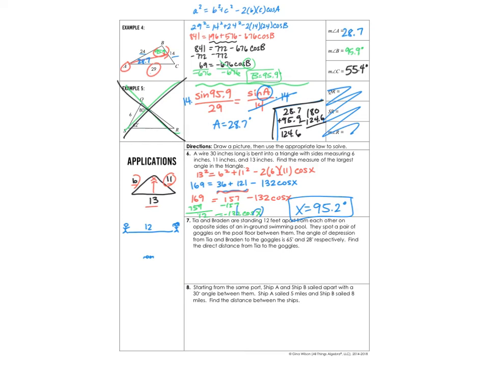Okay, angle of depression from Tia and Braden to the goggles is 65 and 28. So see it, 65 is Tia, 28 is Braden. Find the direct distance from Tia to the goggles. So what we're looking for from Tia to the goggles is here.